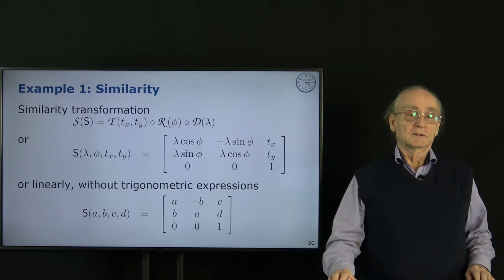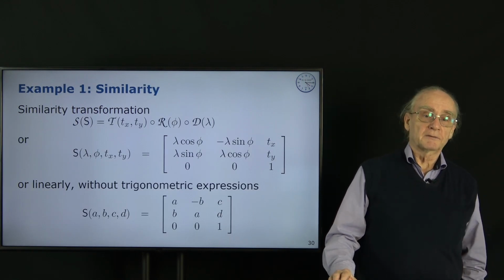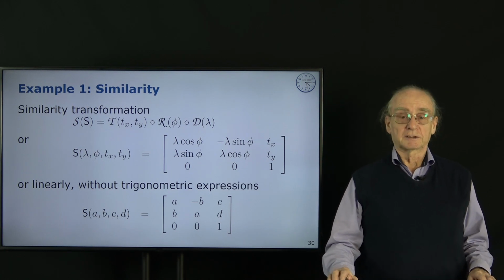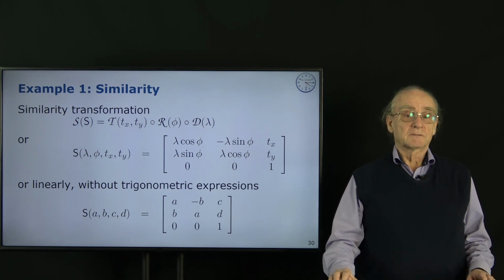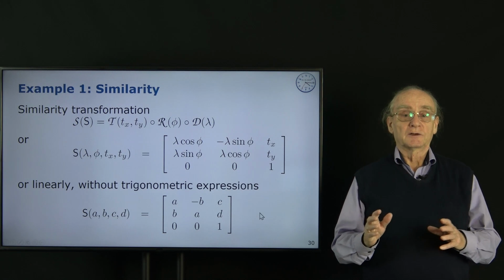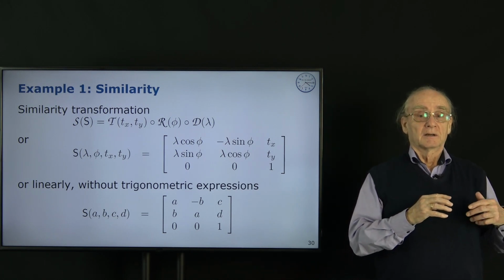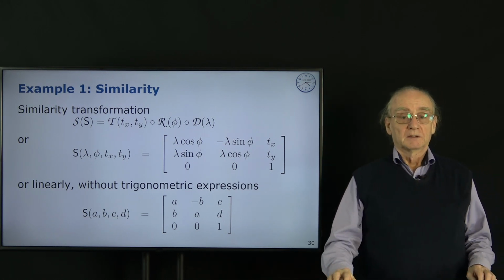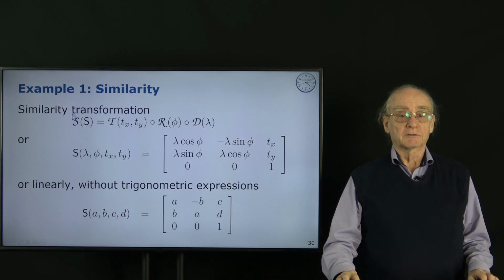So let's look at what happens if we have a similarity for this concatenation. The reason why I write this down is to see the difference between the classical coordinates and if you explicitly work out the algebra. So let's assume we have a similarity transformation.